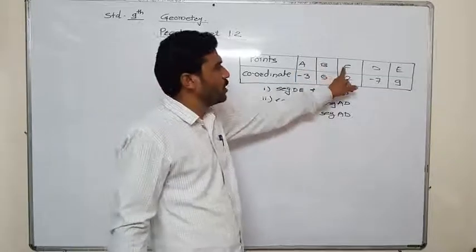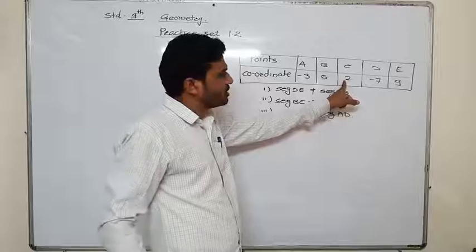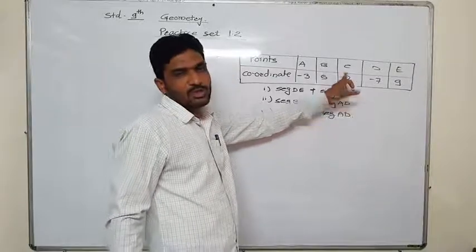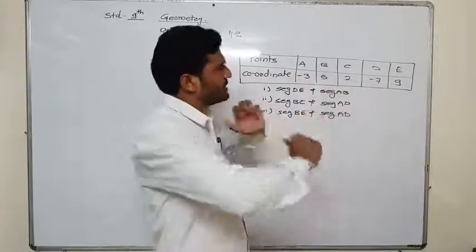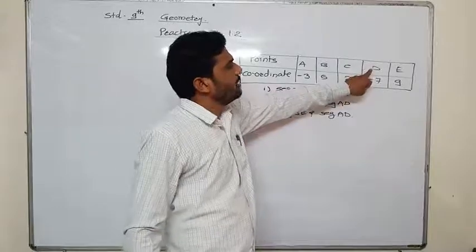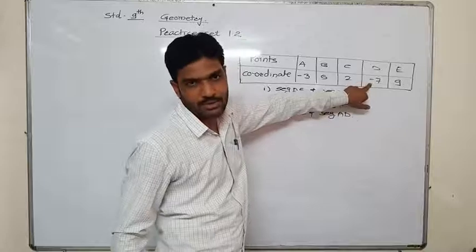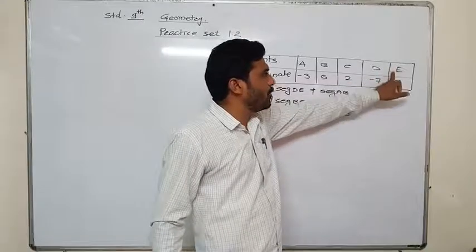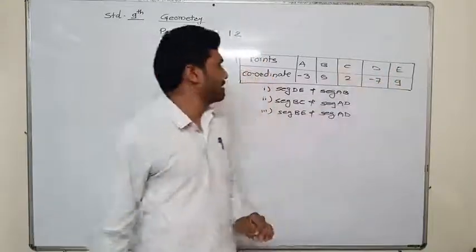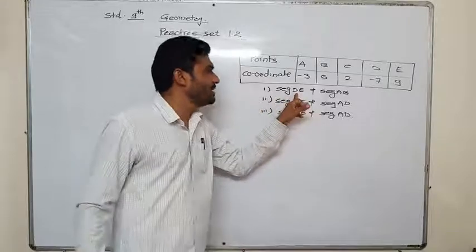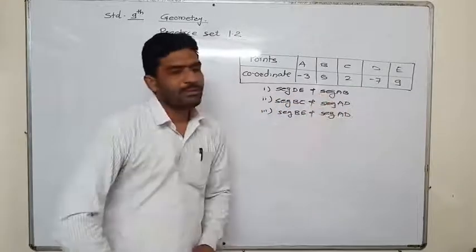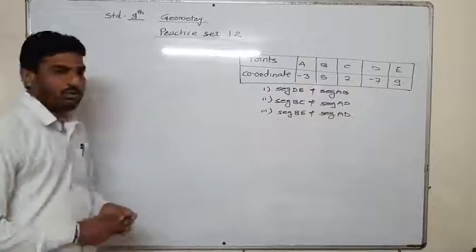Also the coordinate of point C is 2. How can we read this? 2 is the coordinate of point C. Here the coordinate of point D is -7, the coordinate of point E is 9, and they ask whether segment DE and segment AB are congruent or not.